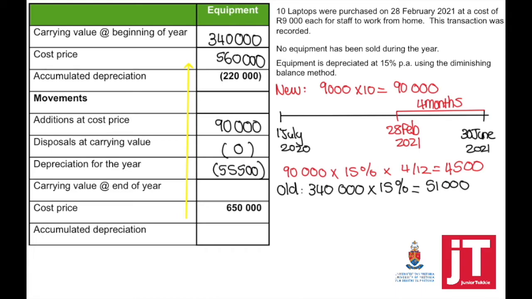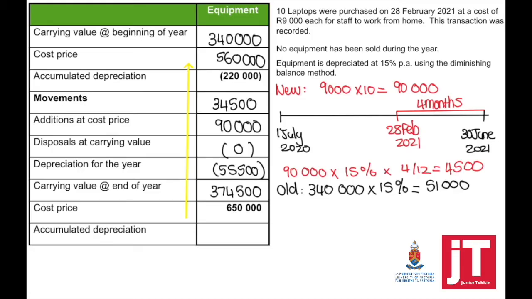So my total depreciation for this accounting period is the new plus the old, that amounts to negative depreciation 55,500. My total movement, to get my movement: additions minus disposal minus depreciation.